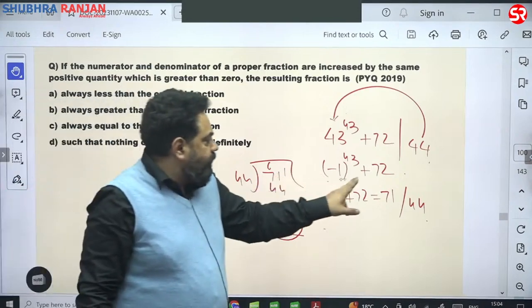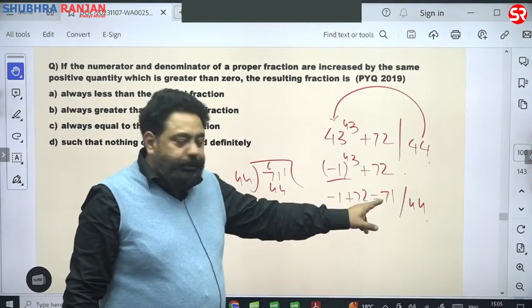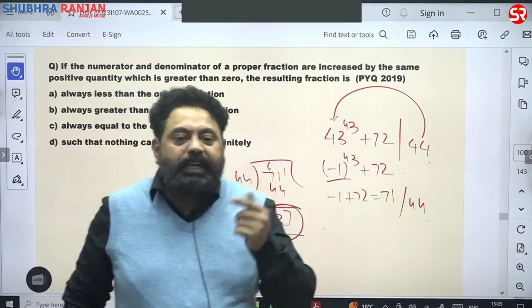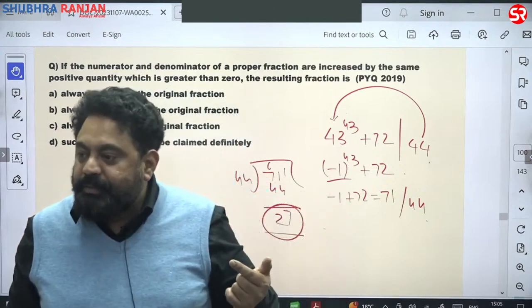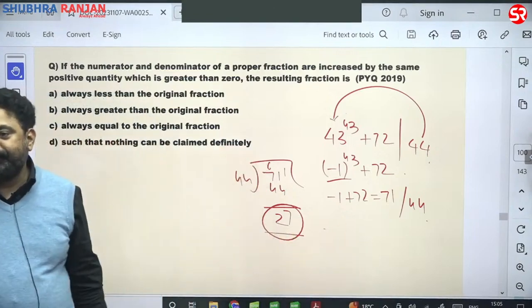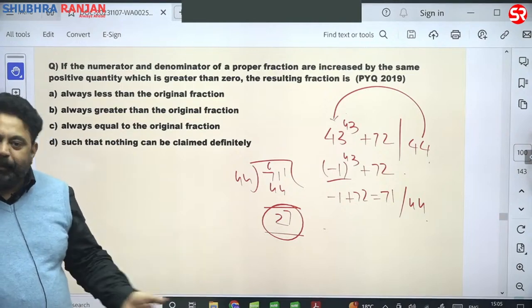Only work on this. Minus 1 to the power 43 is minus 1. Minus 1 plus 72 is 71. If you are dividing a number by 44, we know the answer has to be less than 44. So 71 divided by 44, remainder is 27. Easy. Keep on adjusting.